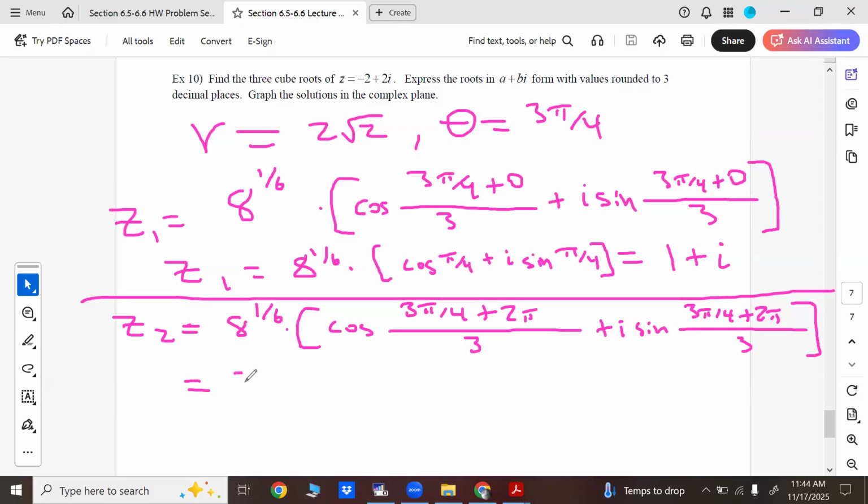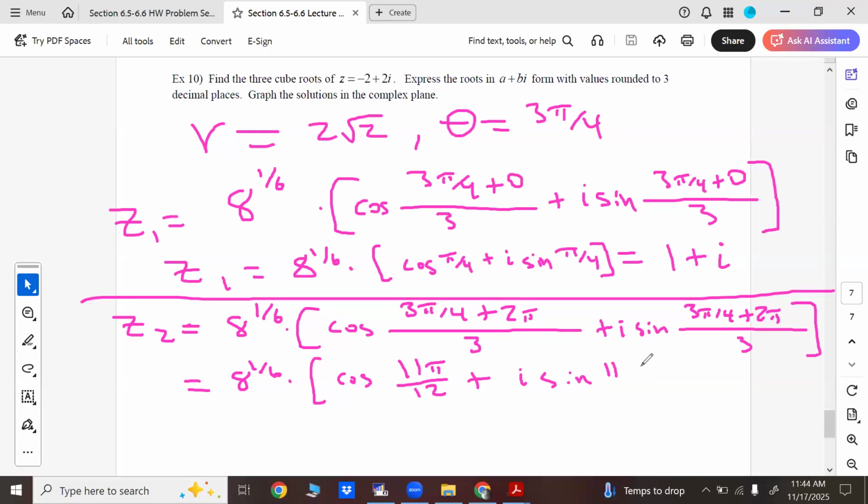So that's 8 raised to the 1/6. It's nasty. That's going to be, is that 11 pi over 12, I think? Yeah, it's 11 pi over 12.